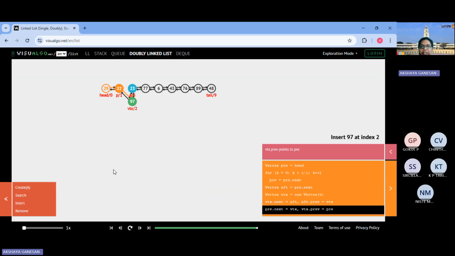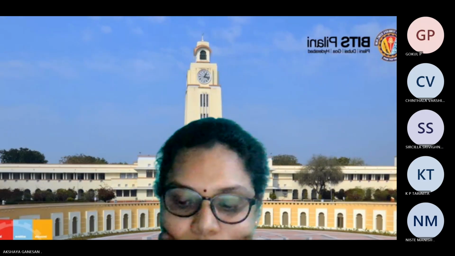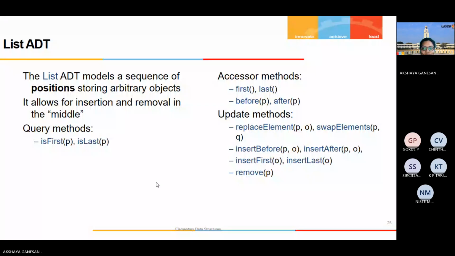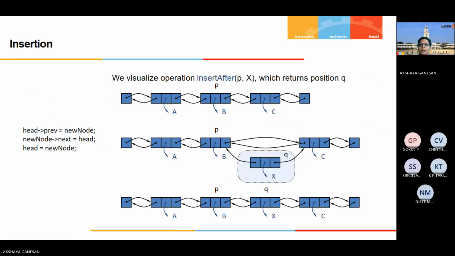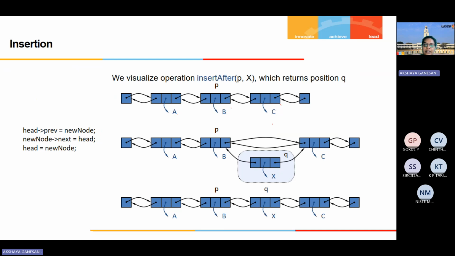Okay, let's look at the algorithmic explanations. So I have nodes A, B, C. I want to insert in between. So what I have to do here?